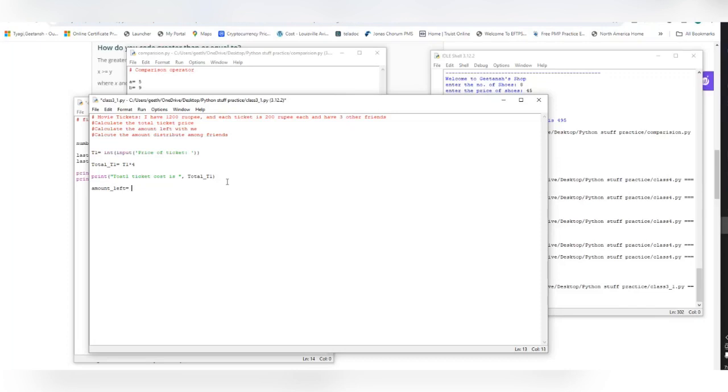So I brought 1,200, right? 1,200 minus total TJ. And then print. Like the way you've written total ticket cost is, same way you put the amount left is, like that in the print statement.